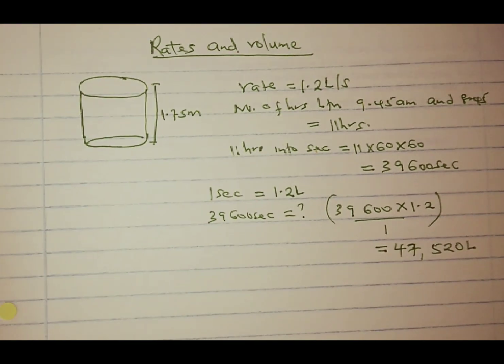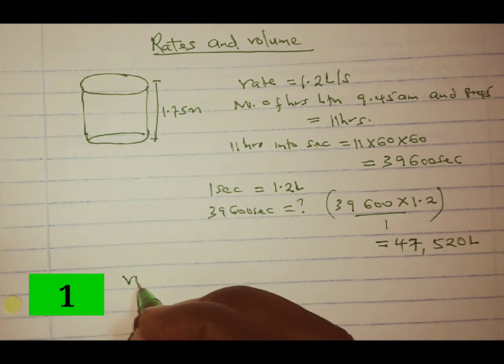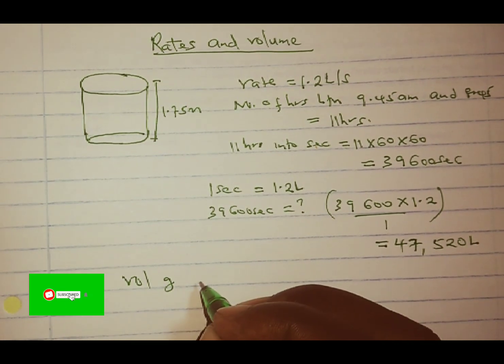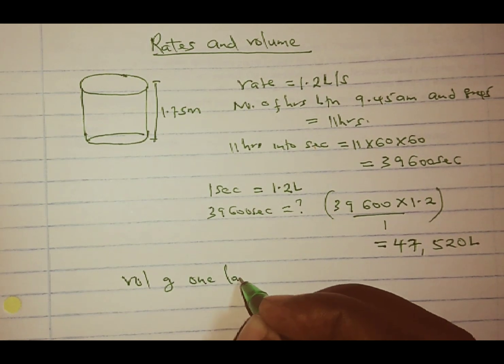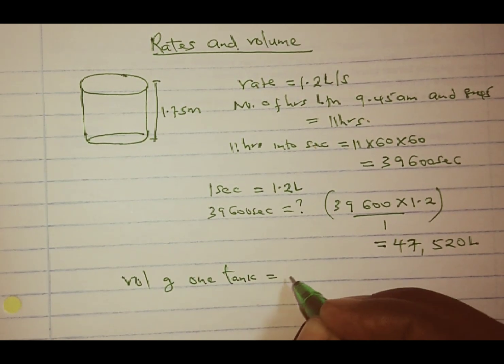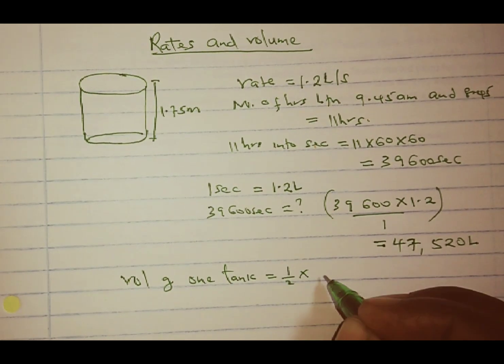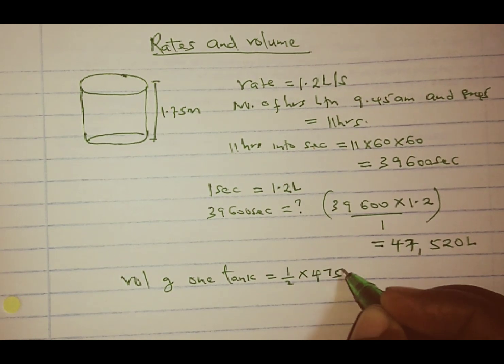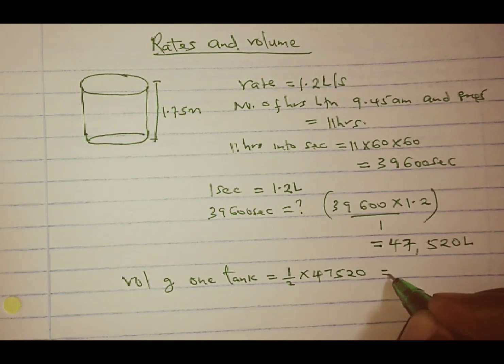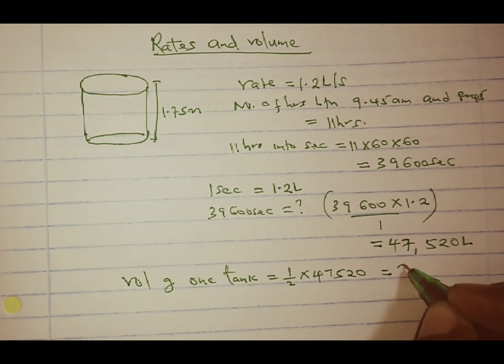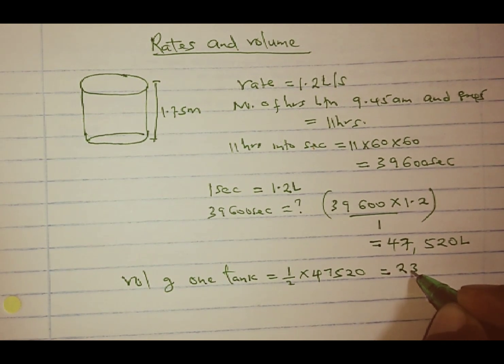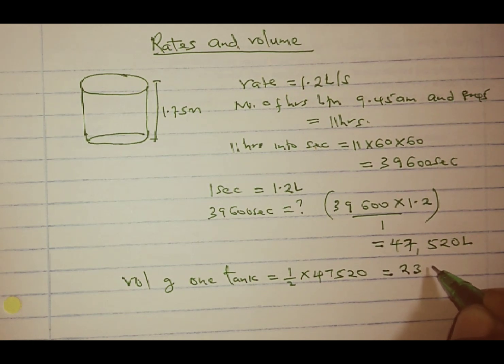We need to calculate the volume of one tank. The volume of one tank will be equal to half of the total volume of 47,520, and this gives us 23,760 liters.